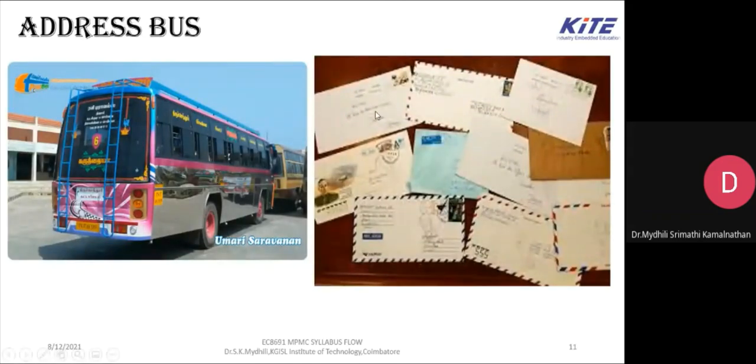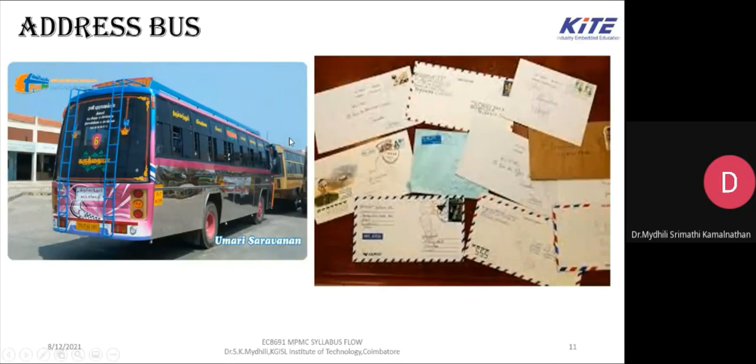Each and everyone will have some destination to be reached from the source to the destination, right? So for a letter, the sending address is definitely needed, isn't it? From address to address is essential here. The content inside this letter, that is the data, will be carried by the address bus from one place to another. Are you clear?